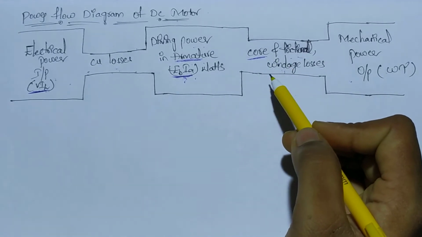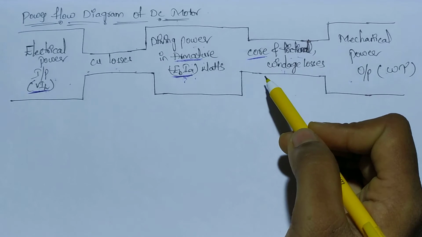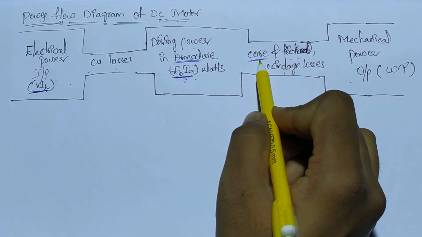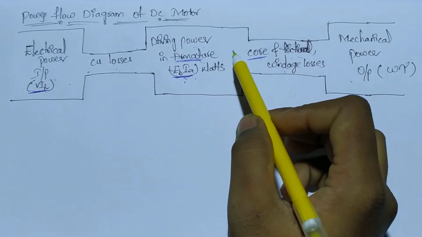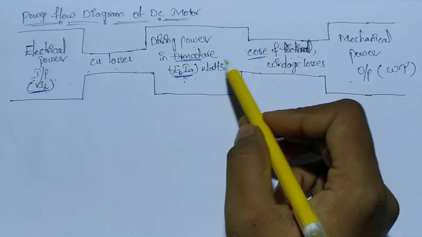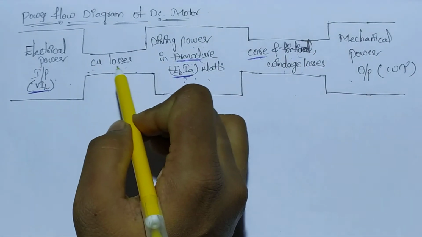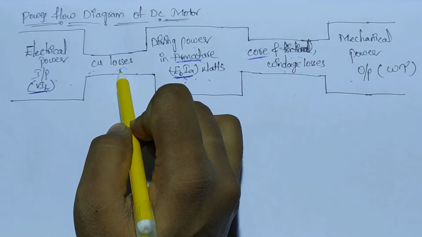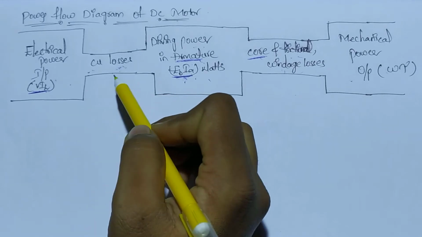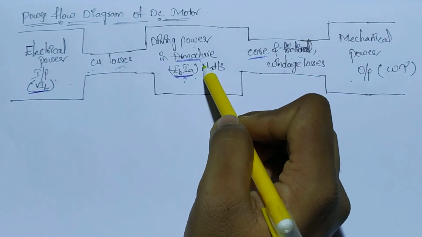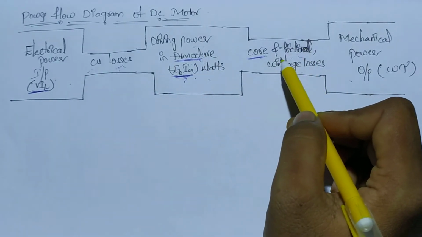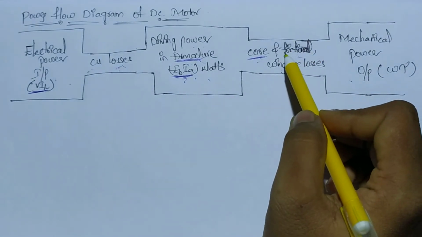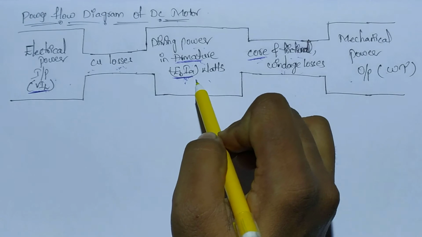We discussed the losses of a DC motor in detail. These core losses and mechanical losses take place in the armature, whereas the copper losses take place in the stator part, that is, in the field windings and also in the armature winding. So we can remove these losses from this mechanical power developed.